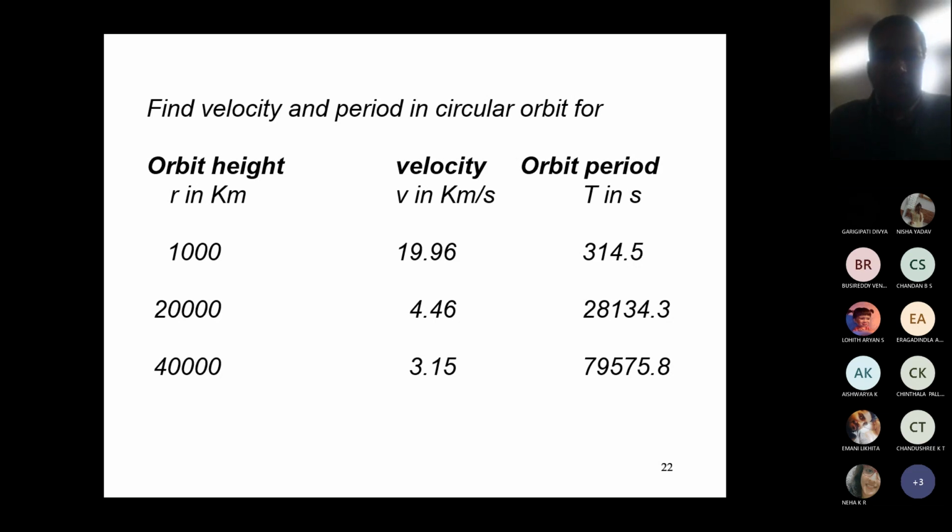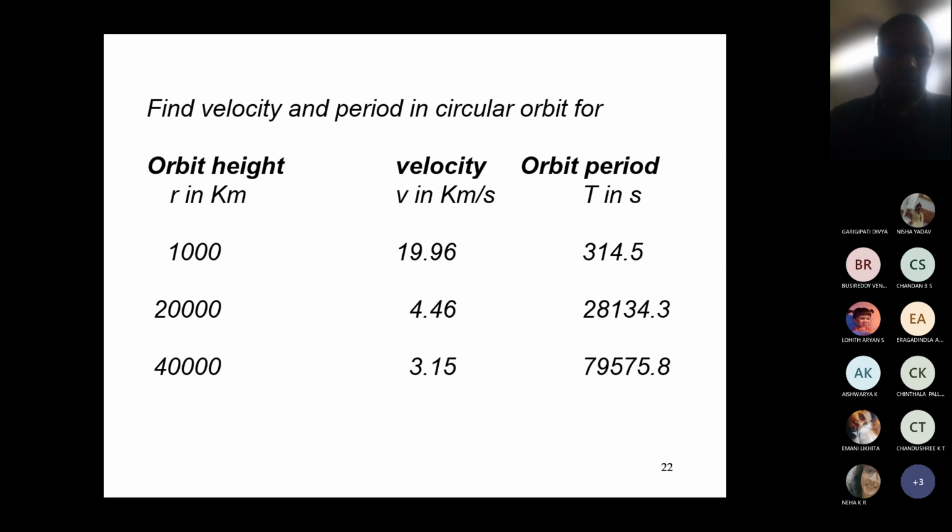So we had a conclusion at that point. If the satellite is rotating at a particular orbit having less orbital height, that means it is understood the satellite is moving at a very high velocity.